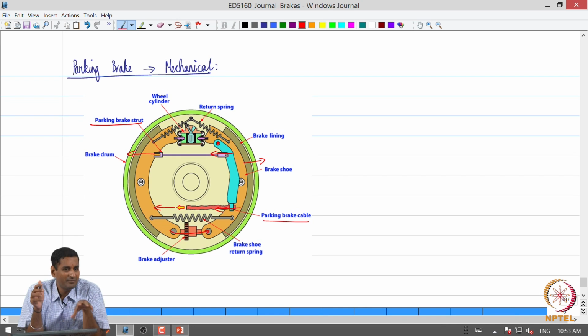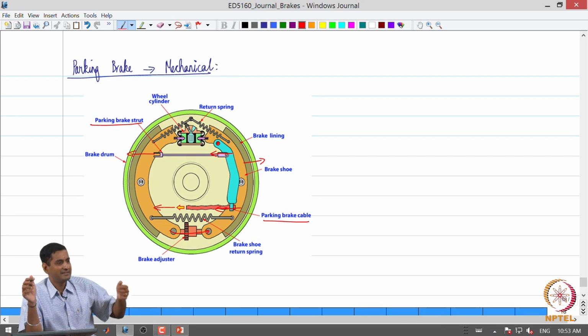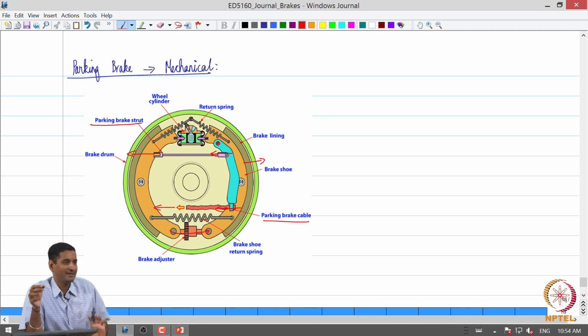Yes, there are some more components, basically the arm which is used by the parking lever which is used by the driver, the cable and the lever arm and the strut, those are additional components which are there. But then please note that one uses the same drum brake to enable this parking brake functionality.